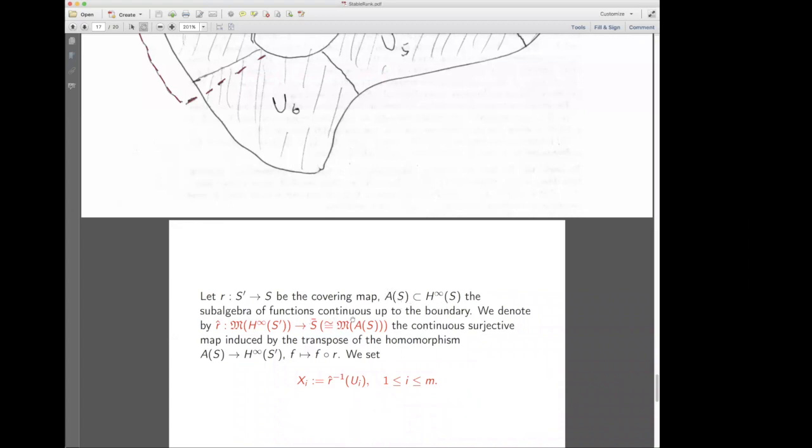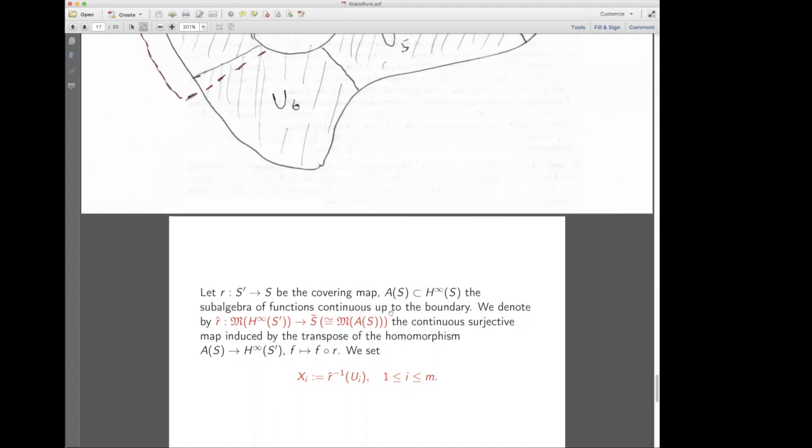But this is just the algebra of functions holomorphic inside S and continuous up to the boundary.